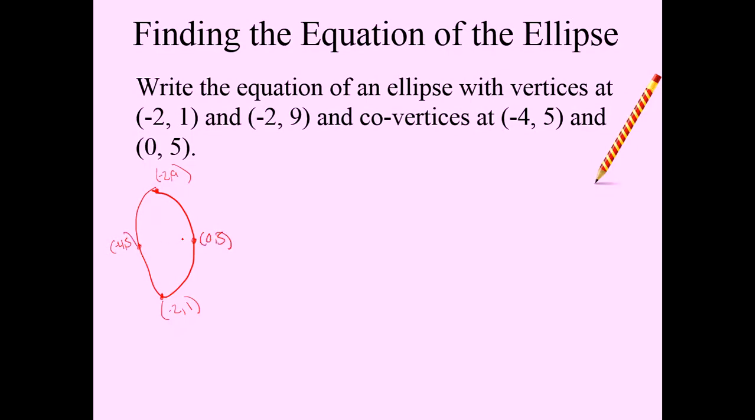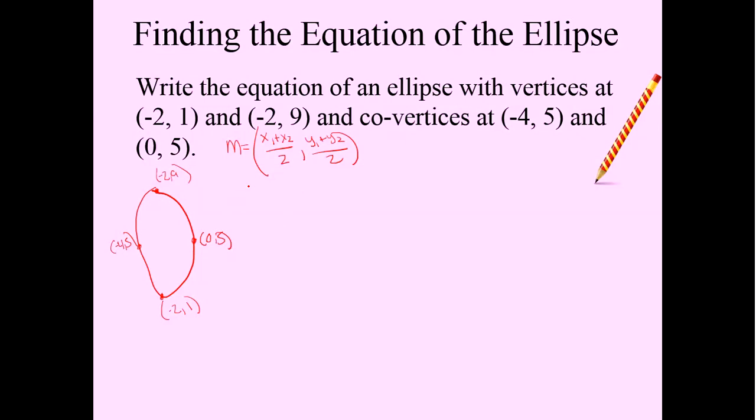Now, I need to find the middle of this ellipse. Well, it's the middle of the 2 vertices, right? And you can find the middle of 2 points by finding the midpoint. Do you remember how to find the midpoint? That is your 2 x's added together divided by 2, and your 2 y's added together divided by 2. So let's find our midpoint between these 2 vertices, because the center's got to be in the middle.